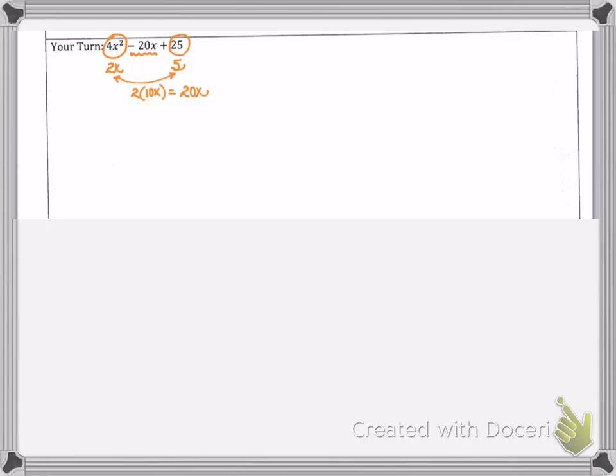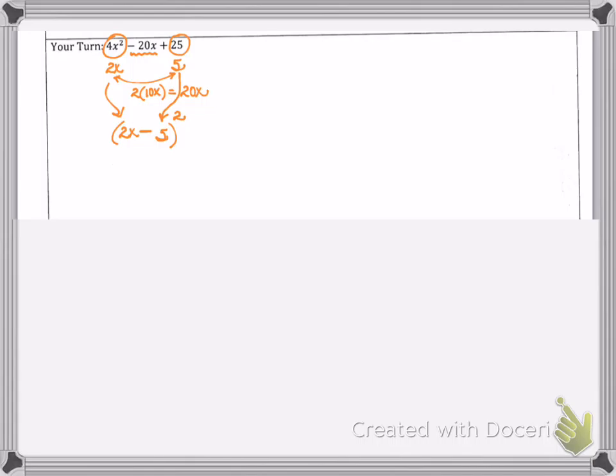So jumping in, we need a set of parentheses. We're going to square it. We need the first term to go here, so 2x. We need the last term to go here, so 5. And then to get the sign, you want to look at the sign in front of the middle term. It should match. Because that is a subtraction sign, this should be a minus.